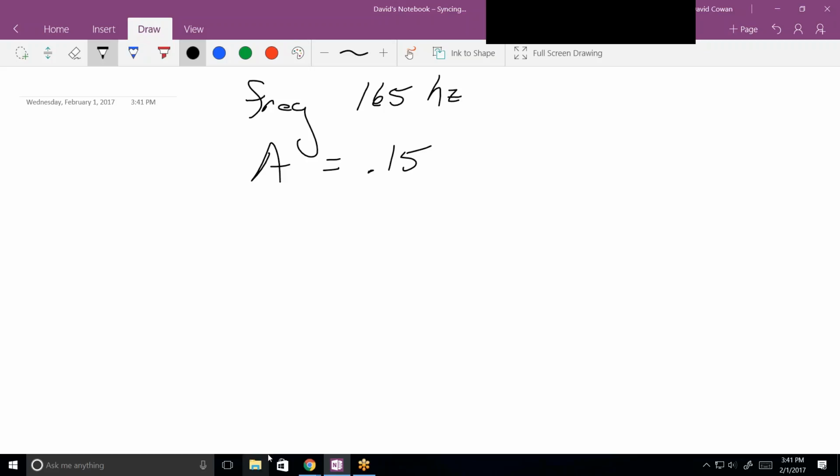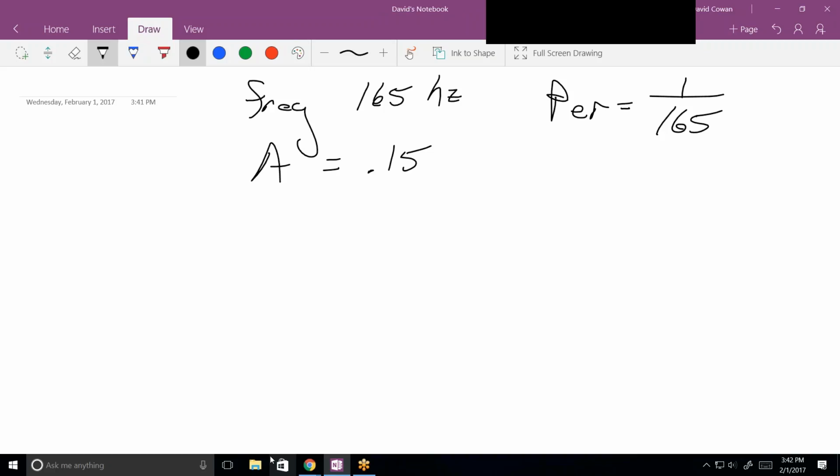So those are the only things we have in terms of numbers? Yeah, that's all it's given. Well, I don't get frequency questions very much from students, but the fact is the frequency is the reciprocal of the period. So I can say that the period is 1 over 165.